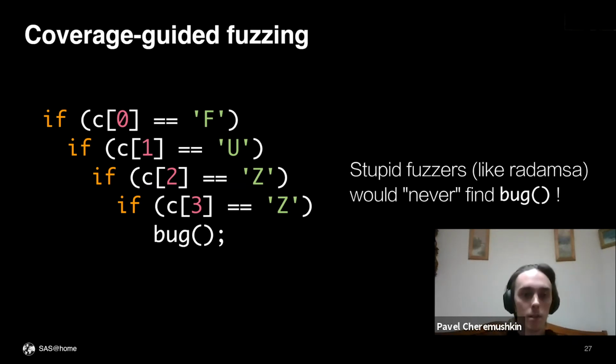Those generic fuzzers would never be able to discover bugs like this because they don't have a way to detect if this part of the code has been covered or not, or the second line of the code has been covered or not.